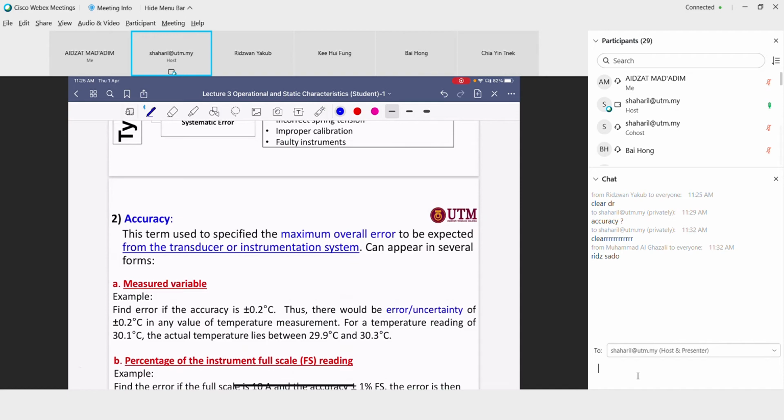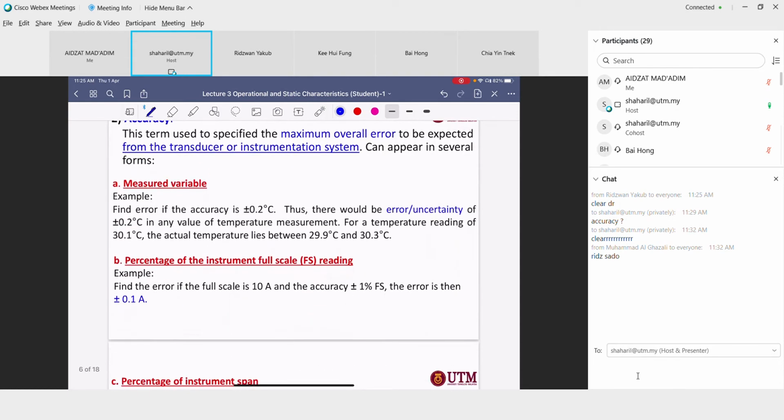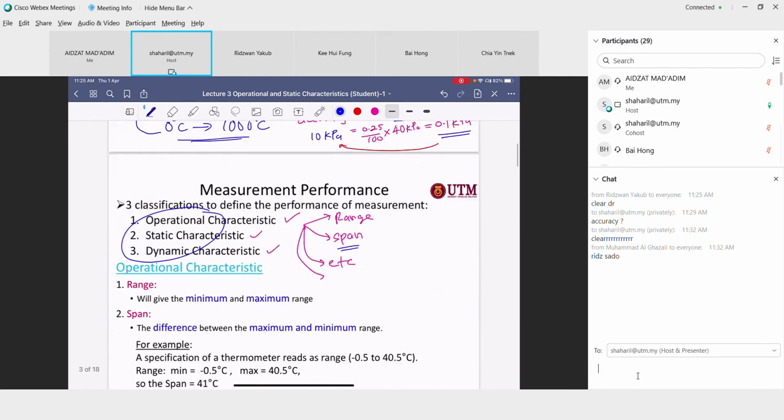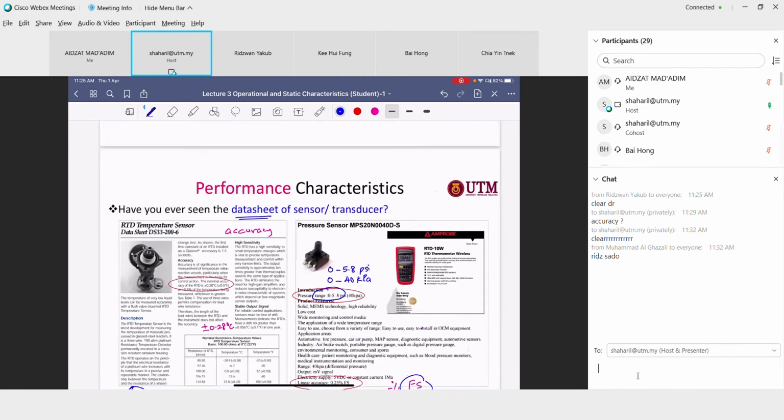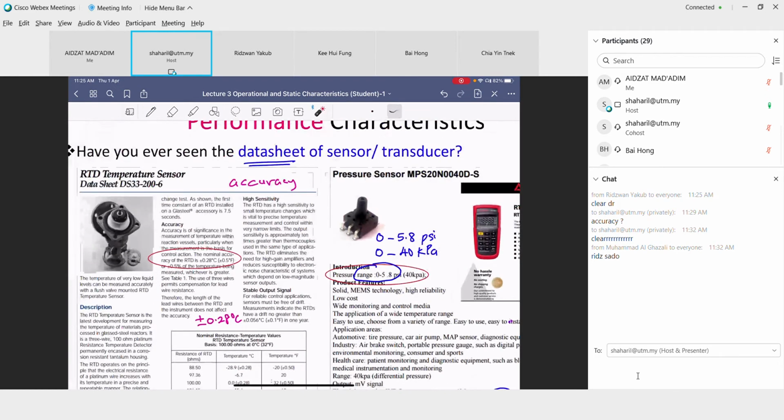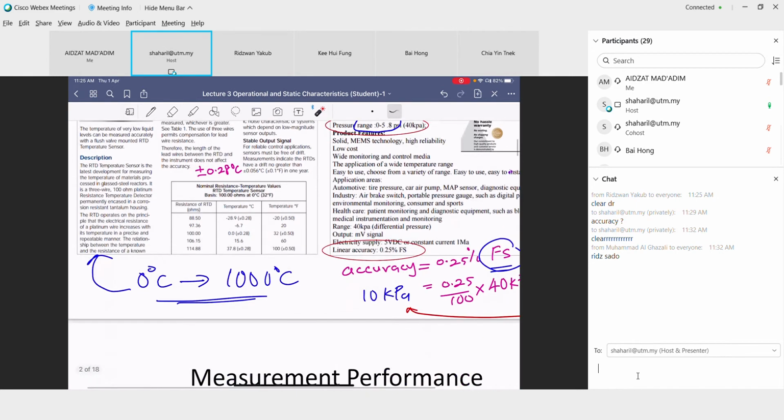Look at this data sheet again. In this sensor, it gives you the accuracy here. Accuracy is equal to plus minus 0.28 degree. But this one gives you the accuracy 0.25% of full scale.